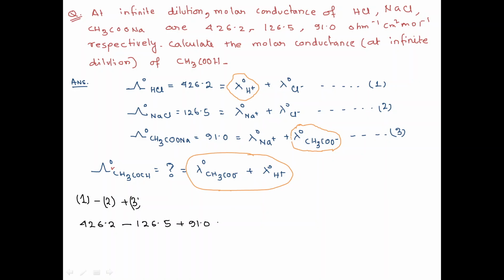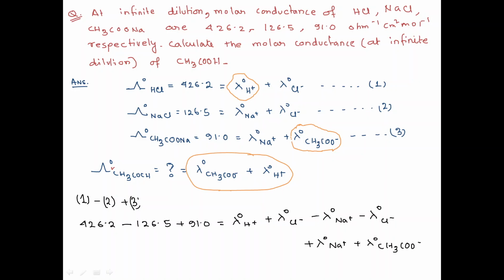And from the right hand side we'll get lambda 0 of H plus, lambda 0 of Cl minus lambda 0 of Na, minus lambda 0 of Cl from equation 2, plus lambda 0 of Na from equation 3 and lambda 0 of CH3COO minus.